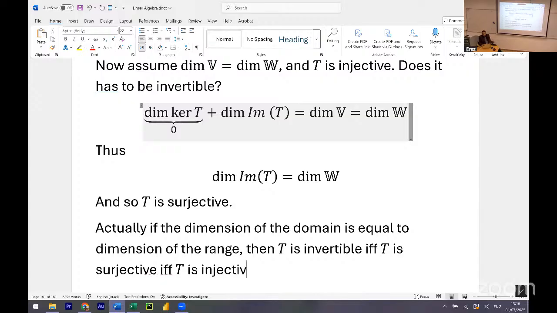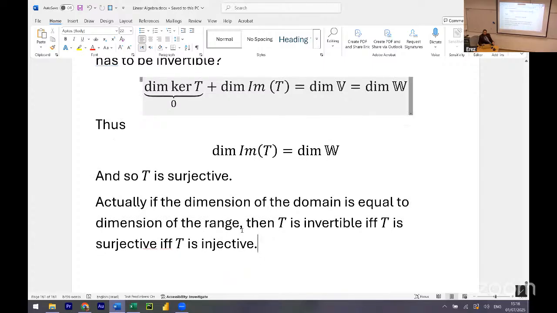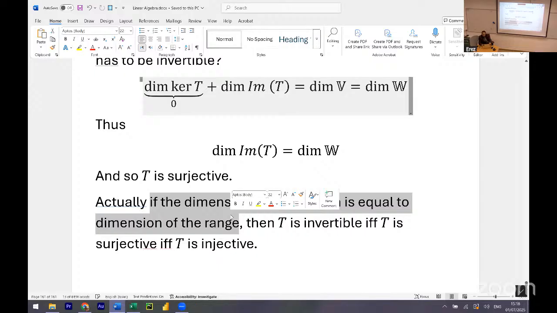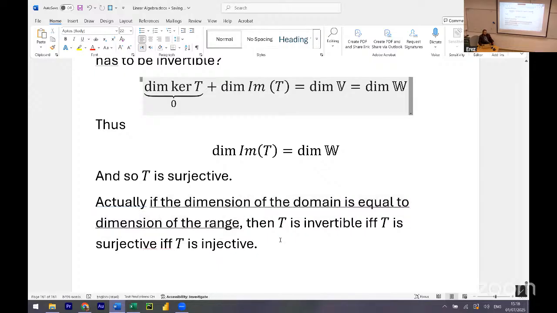So that is something special about linear functions and matrices, not about functions in general. In linear functions, yes, all these three are equivalent. But don't forget, it requires that the dimension of the domain equals the dimension of the range. If they are not equal, then definitely the function is not invertible, whatever you do. One of the properties never holds.